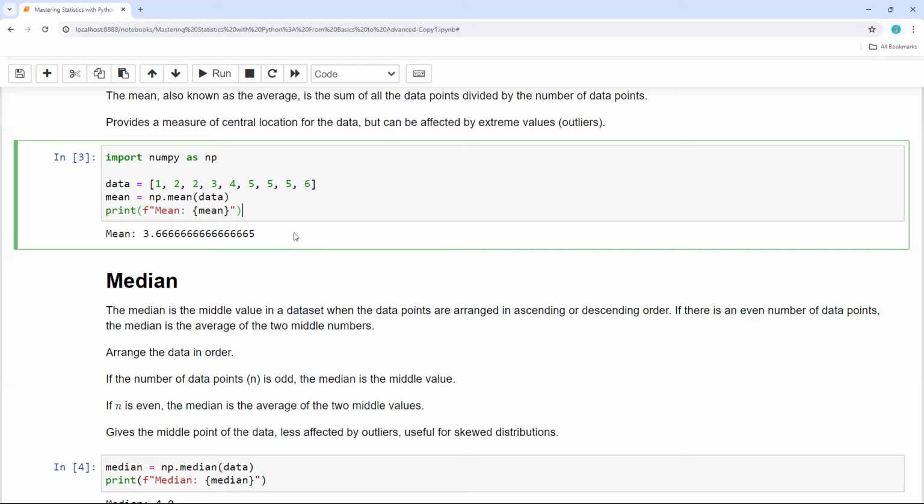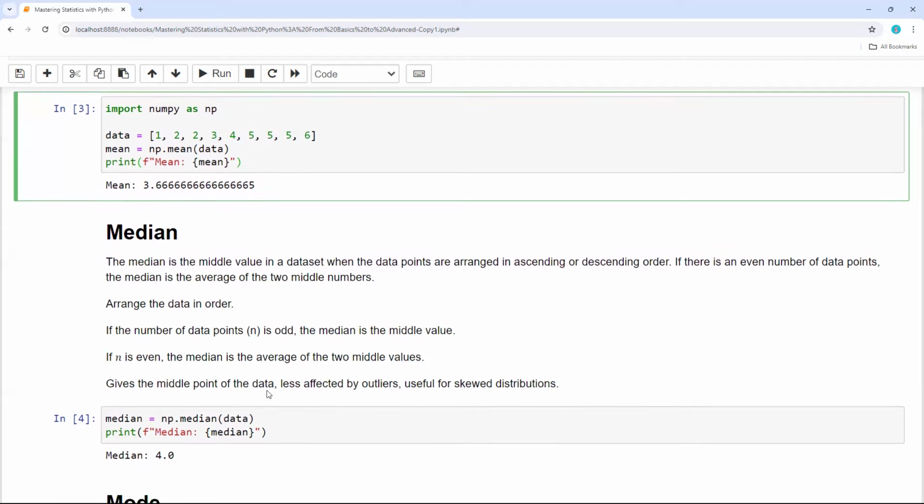And if I have an odd number of data points, like 1, 2, 3, 4, 5, then 3 is the middle value, and that becomes my median. So if the number of data points n is odd, the median is the middle value, and if n is even, the median is the average of the middle two values.